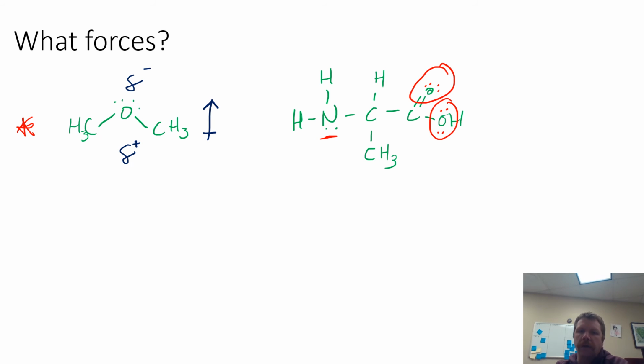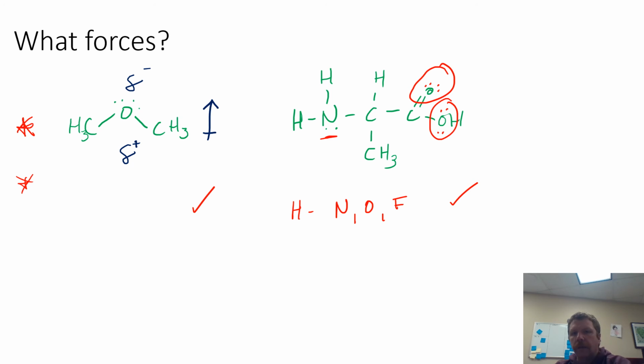Now, if you think back to hydrogen bonding, you want to see a lone pair of electrons on a nitrogen, oxygen, or fluorine. So does this fit that criteria? Yes, it does. Now, does this fit that criteria? Yes, it does. We've got a lone pair of electrons on our oxygens. What makes the ether molecule here on the left-hand side a little bit more complicated is we have that dipole, but we don't have any hydrogens already bound to that oxygen.